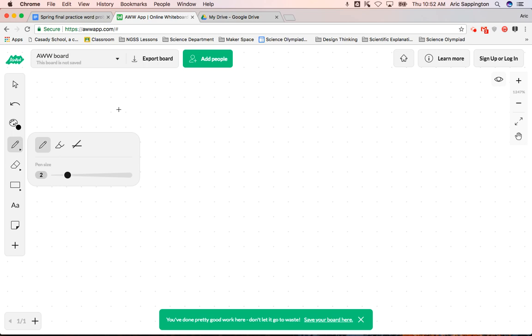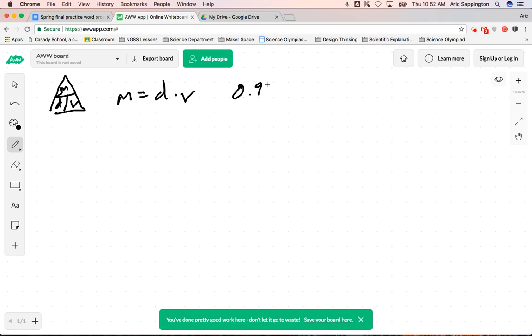Now, on the next problem, we have to figure out the mass in a density problem. So we take a look at our triangle, DMV, and we're covering up mass. So mass is equal to density times volume. And in this case, we have a density of 0.917 grams per milliliter, and we're going to multiply that by the volume.